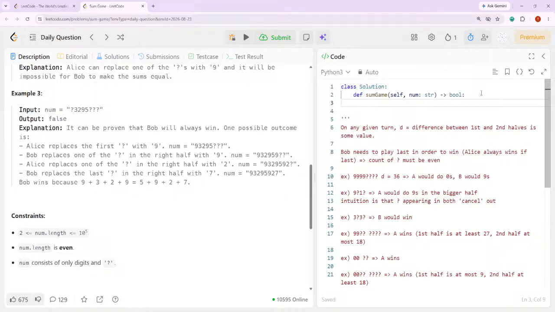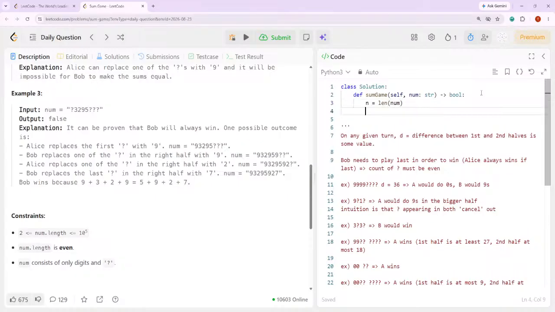So let's just parse this real quickly. Let's say n is the length of num. And let's say total 1 and total 2 are the half totals.